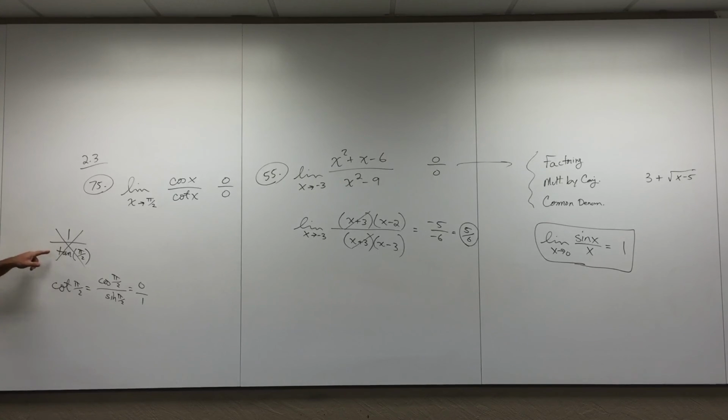The reciprocal of undefined is 0. That's sort of true, but it's kind of weird, and the calculator didn't follow that idea, because tangent is 1 over 0. Anyway, it's 0 over 0. So, fix it.